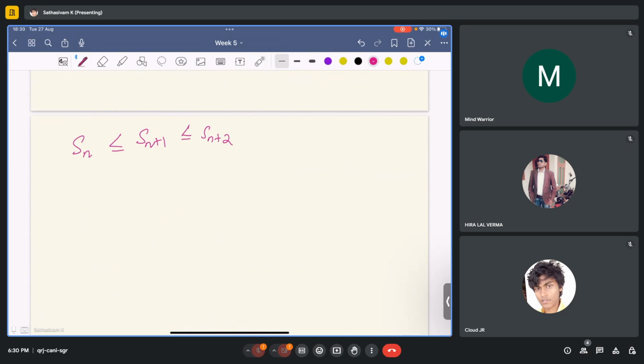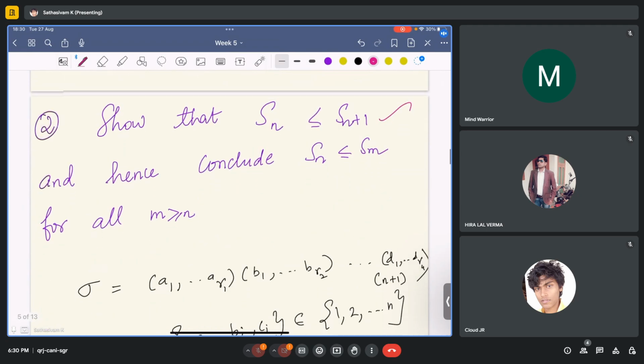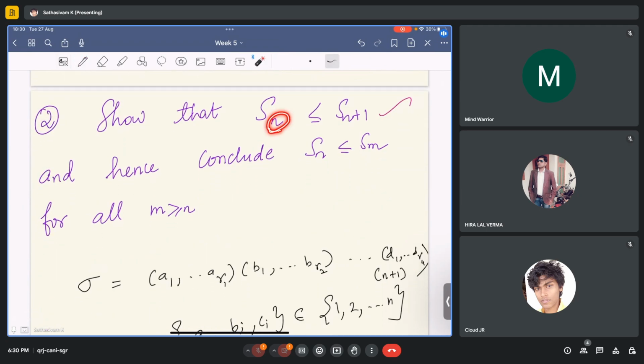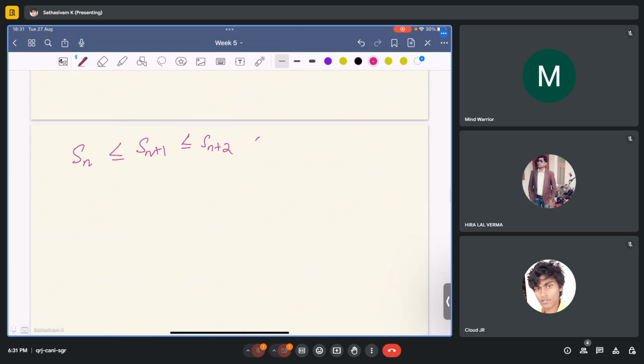The same statement you use again. This n we don't fix; this statement is true for any n. So in particular, I can choose this as n plus 1, then this will become n plus 2. Then you use the same thing here, this will be n plus 3.